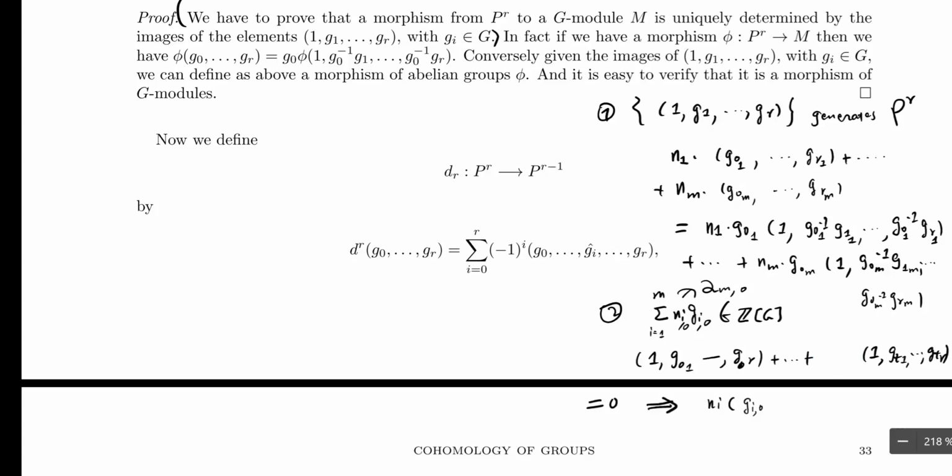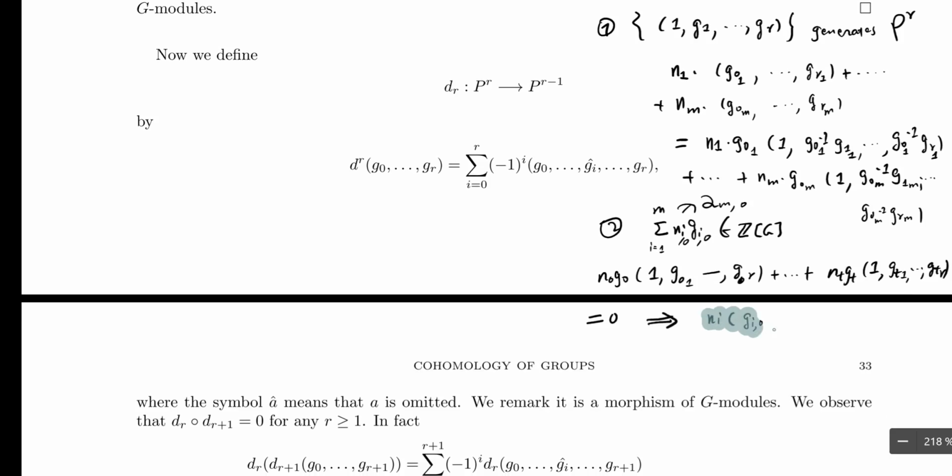We just do the element of the form n_0 g_0, and here is n_t g_t. So the summation gives you n_0 (g_0, g_01, ..., g_0R) plus n_1 (g_t, g_t1, ..., g_tR).